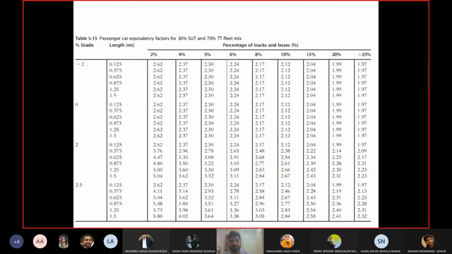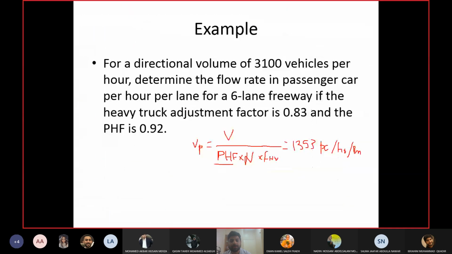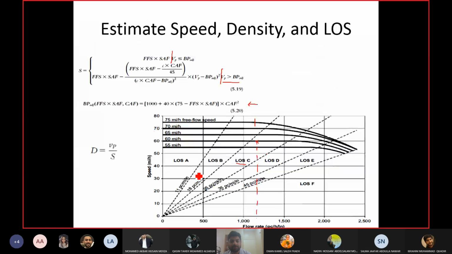Now I can tell you why these lines on this graph show the level of service. How can I say that this particular line is for the maximum limit of level of service A? Because this line represents a value of density. Density is flow upon speed, and if you take the inverse of that, speed upon flow, that will be the slope of this line.